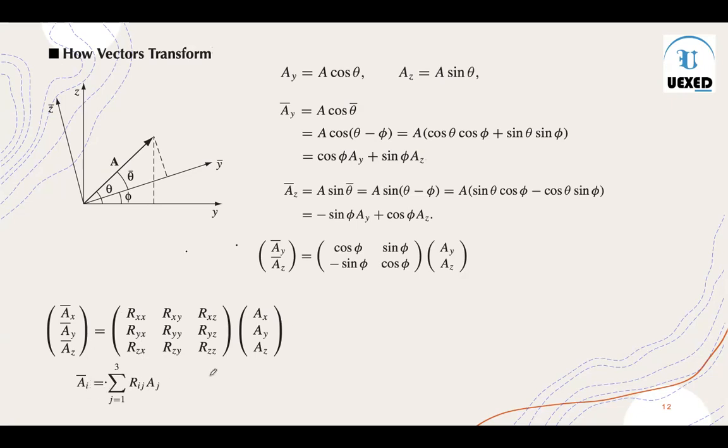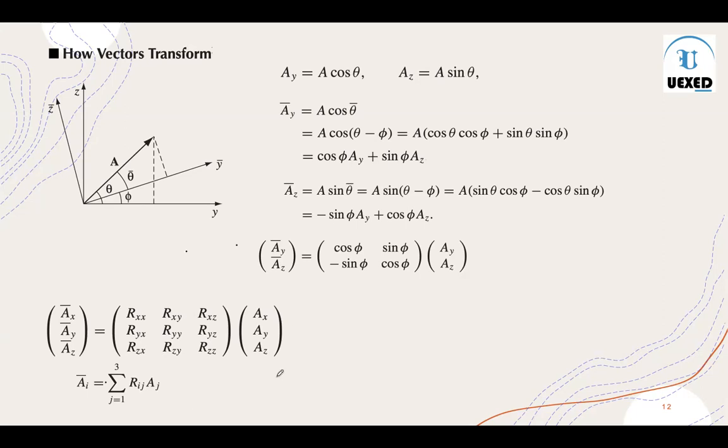So you can see this is just a compact notation in 3 dimensions. If you say ax bar, then i is basically x, and j goes from 1 to 3 as a sum. So you can write something like this here.